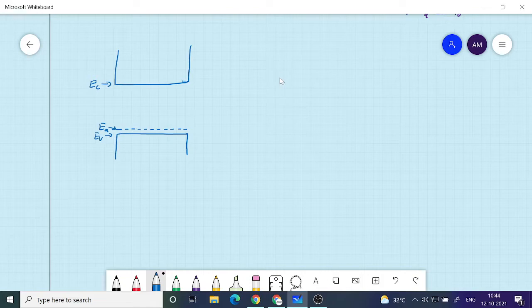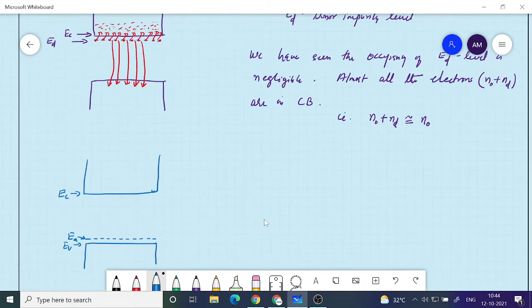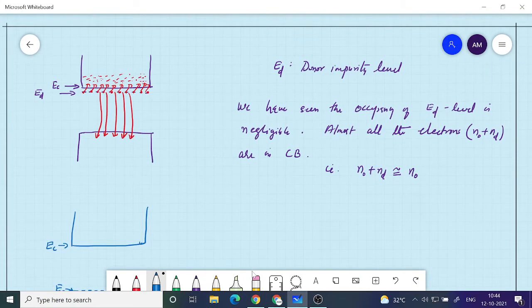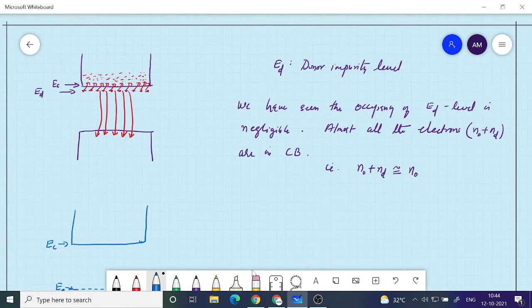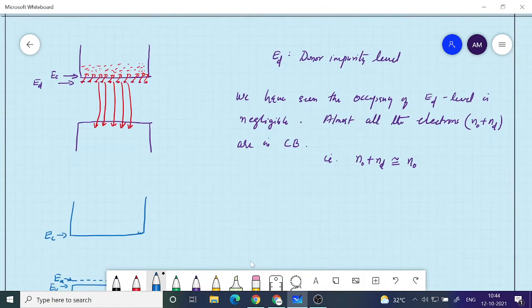A similar analysis I can do, but now I will look at the vacancies in the acceptor level. Here I looked at the occupancy in the donor level for n-type material.